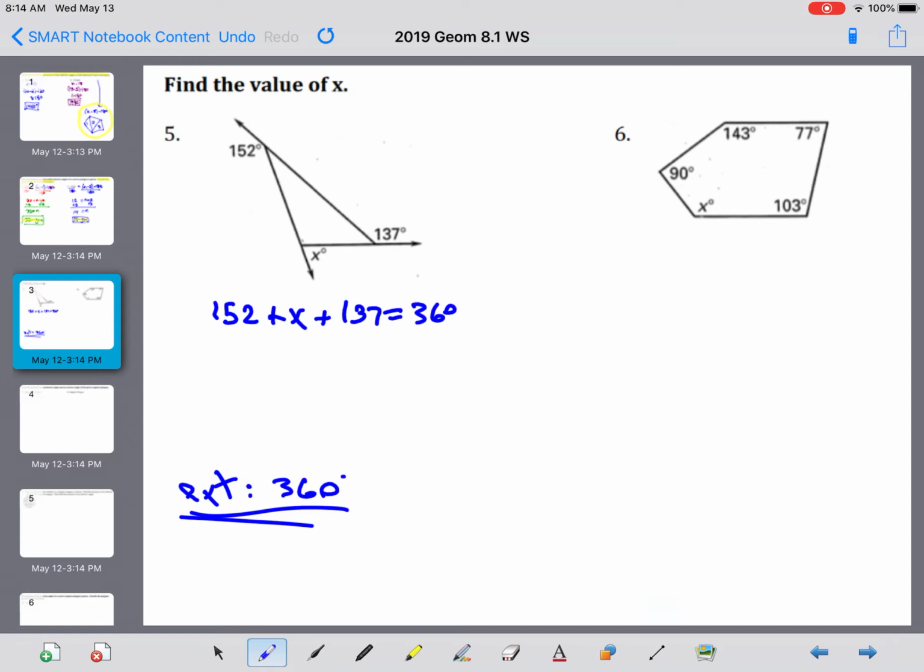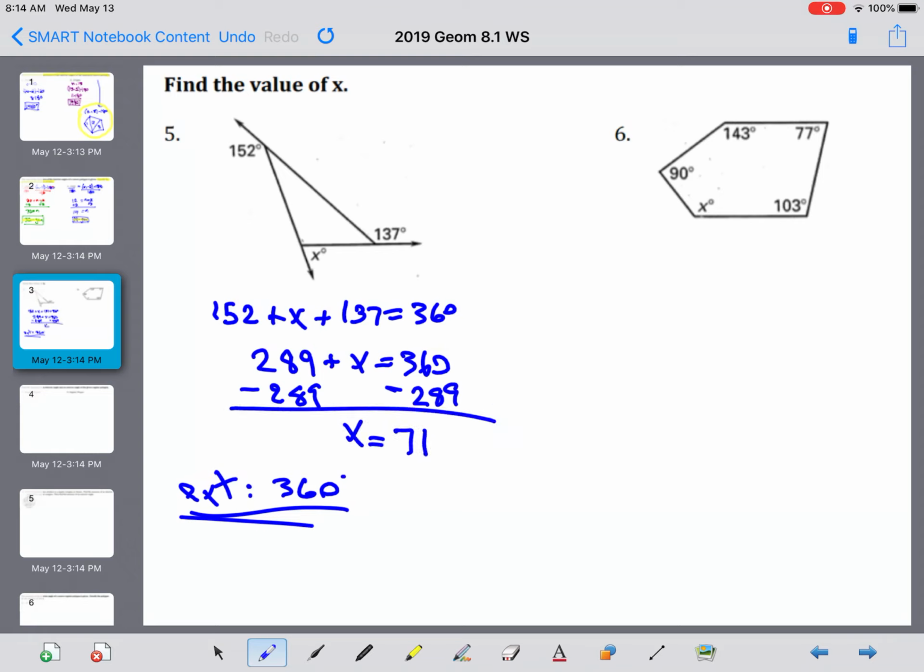I can add these two together to get 289 plus x equals 360. Subtract the 289 over, and we get x equals 71 degrees. Alrighty, so again, exterior always totals 360, whereas the interiors vary.